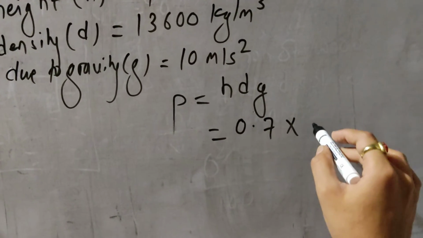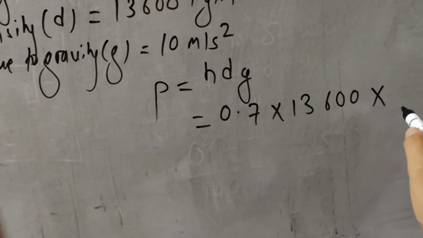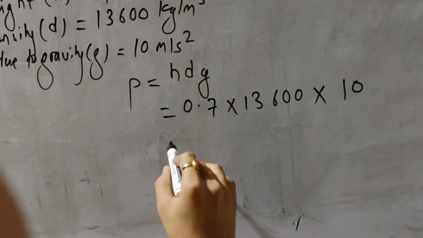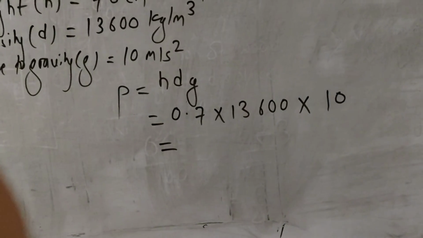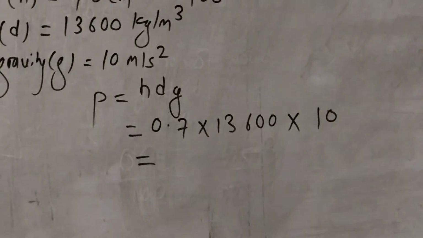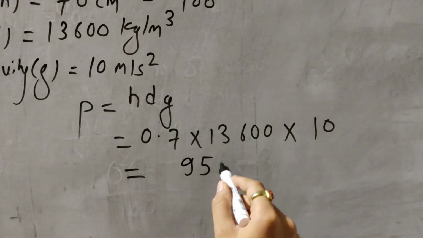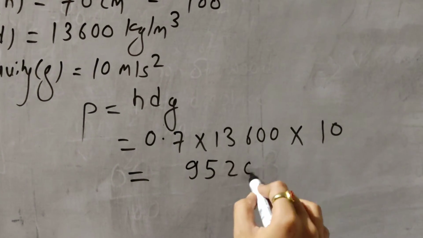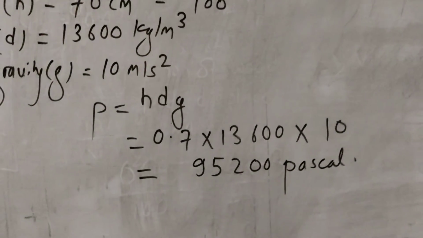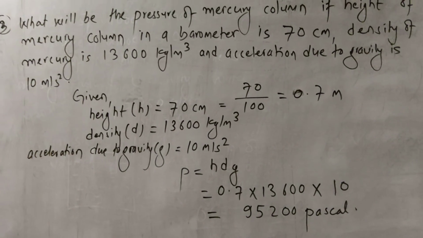Density is 13600. Then acceleration due to gravity is 10. Now just calculate that. That is equal to 95200 Pascal. This is quite a simple and easy question.